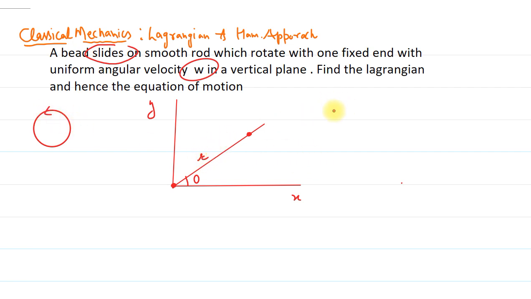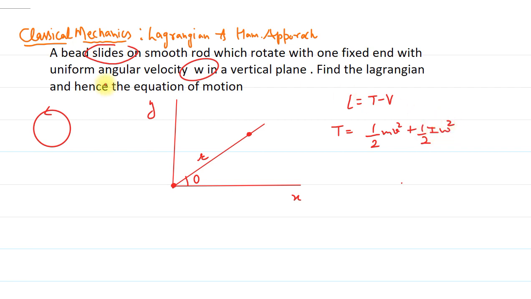Whenever we are going to write the expression for the Lagrangian, we know that L is equal to T minus V. So first of all, we'll write the expression for the kinetic energy term and the potential energy term. Kinetic energy, as it is rotational as well as translational, we'll write as half mv square plus half I omega square.